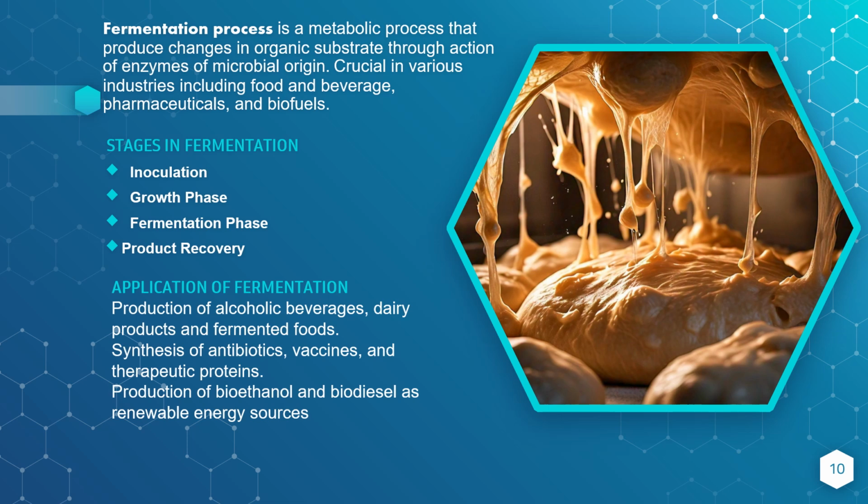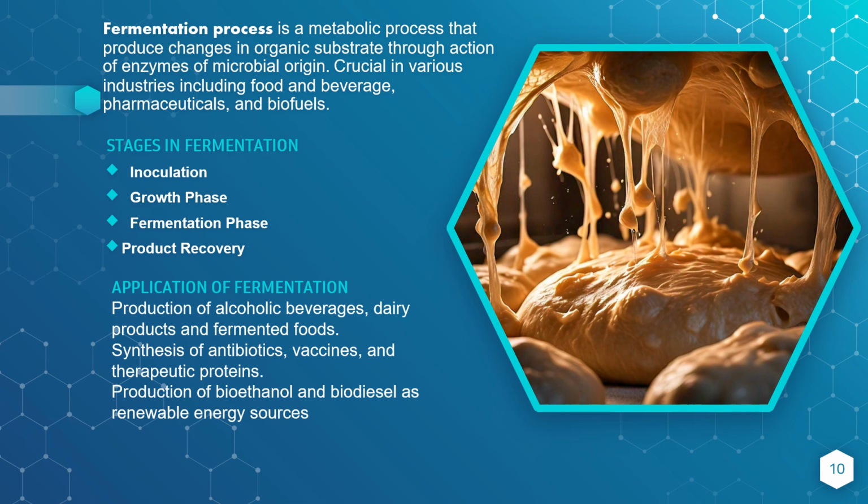Inoculation in fermentation, which is the first stage in fermentation, refers to the process of introducing a small amount of actively growing microorganisms, often referred to as inoculum or seed culture, into a larger volume of medium within a fermentation vessel, that's a bioreactor.